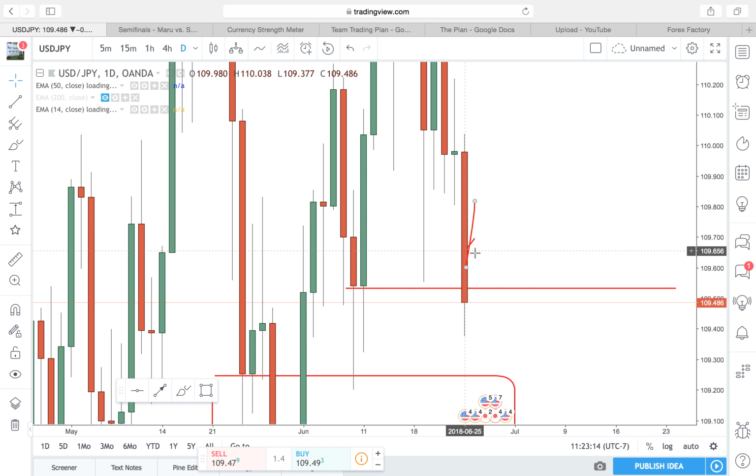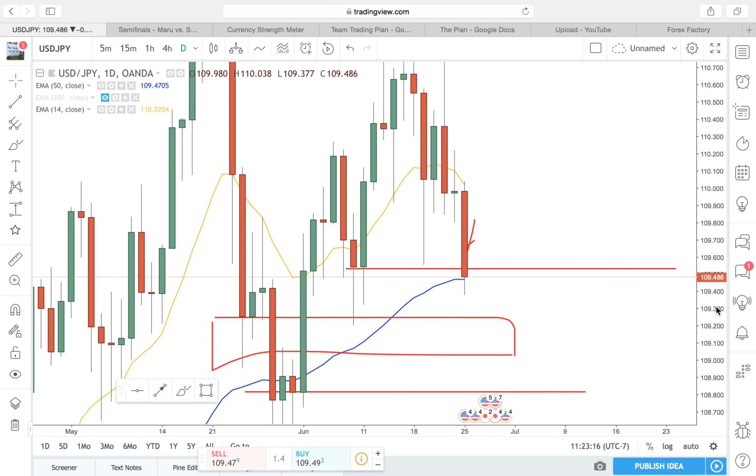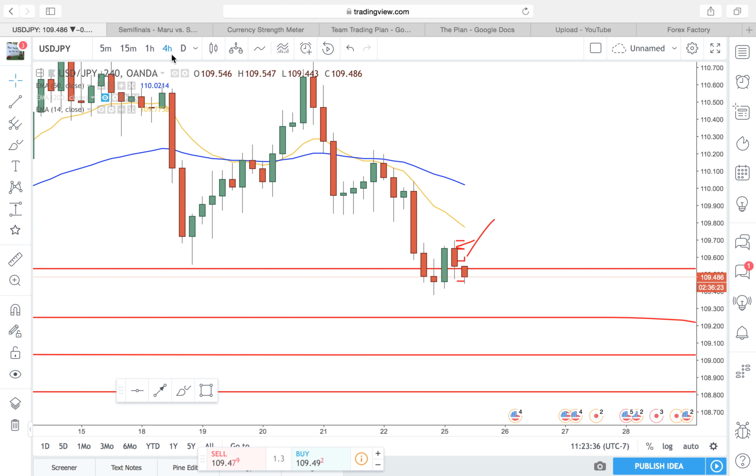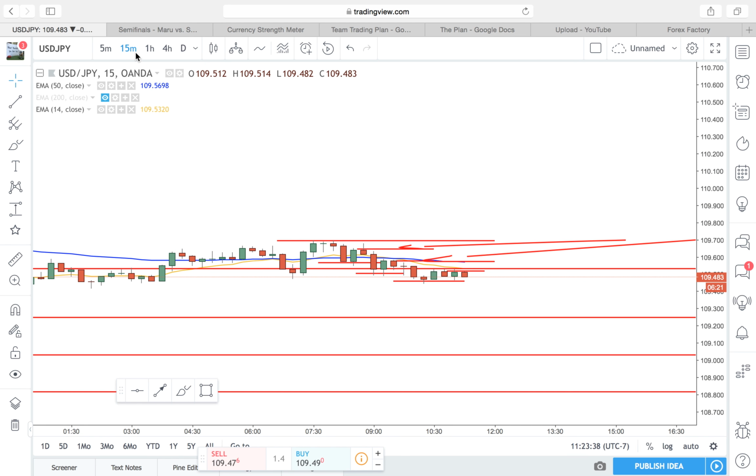Because although the daily can look really strong going more and more bearish now, what if it closed way up here? Maybe it would reject, right? So that's where I was going with this: don't judge everything based off the daily too early into the trading day. What I do is look at it right when the market opens, right when the new daily opens.